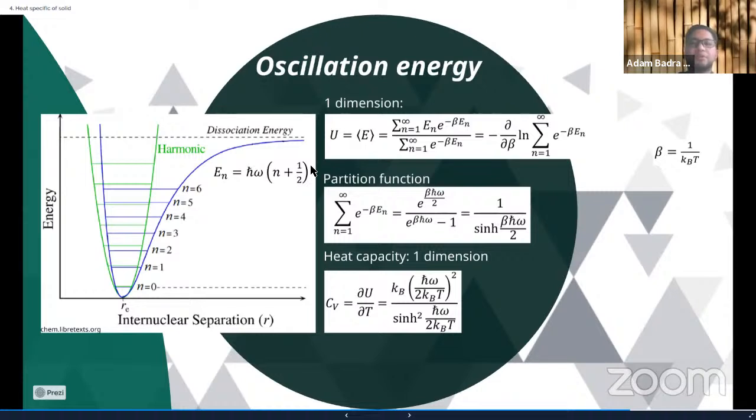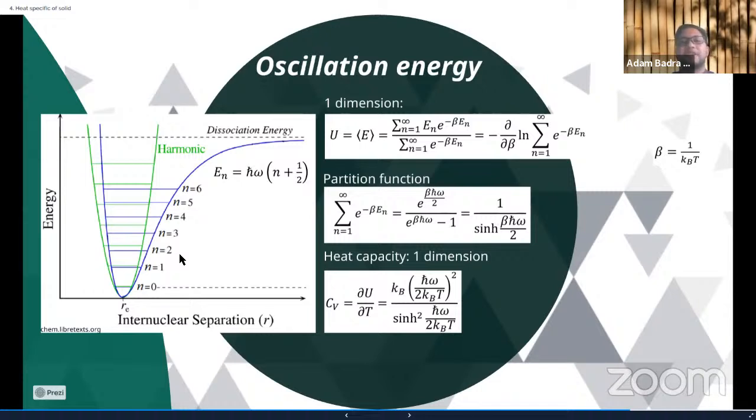We take all these possible n, but we take a weighted average. We assume that each energy level has a different probability, so a higher energy, of course, has less probability. Vibrations tend to occupy lower energies with more probability, like in the Maxwell ideal gas or Fermi-Dirac.